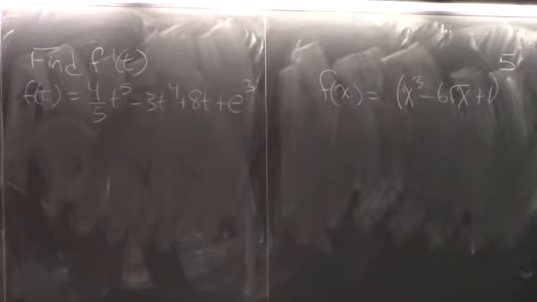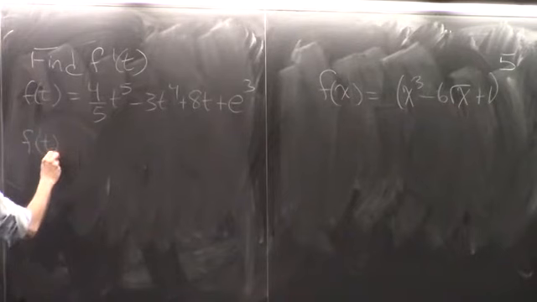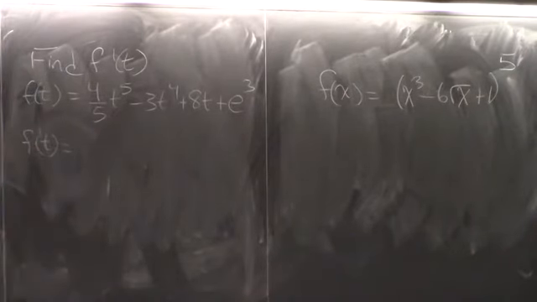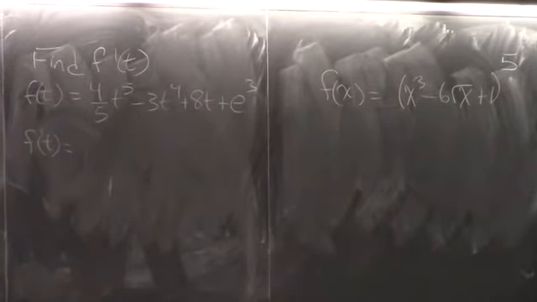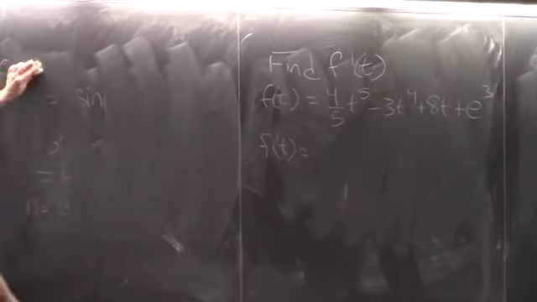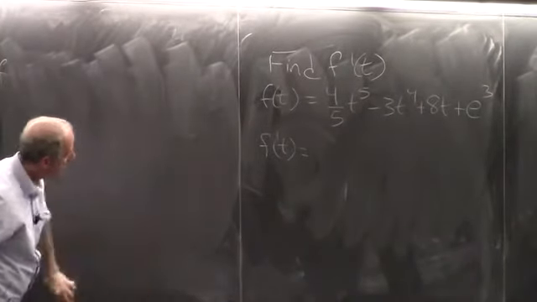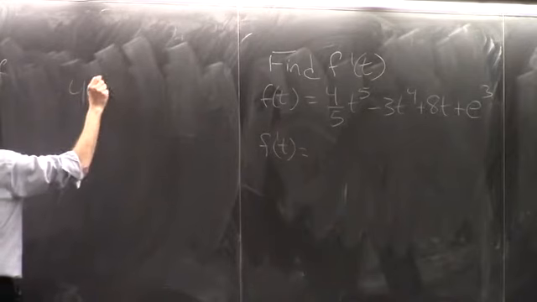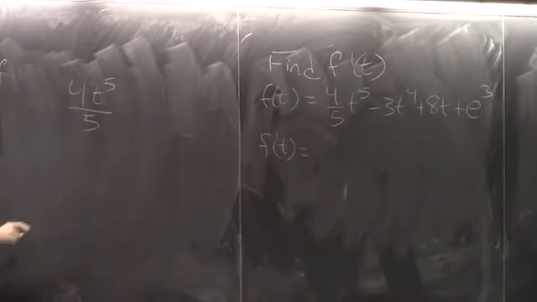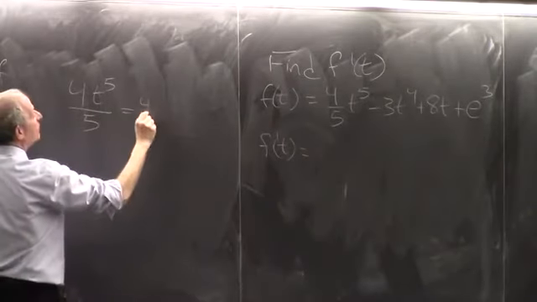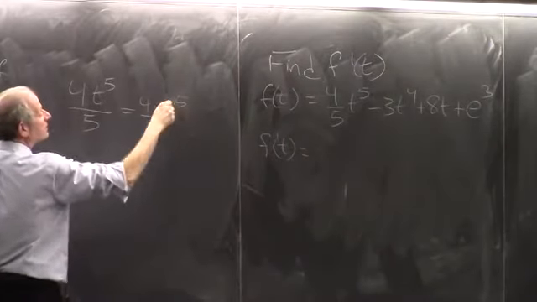That's long enough. You should be able to take those derivatives. Okay. 4/5 t to the 5th. By the way, many of you do not seem to realize that this is the same as this.